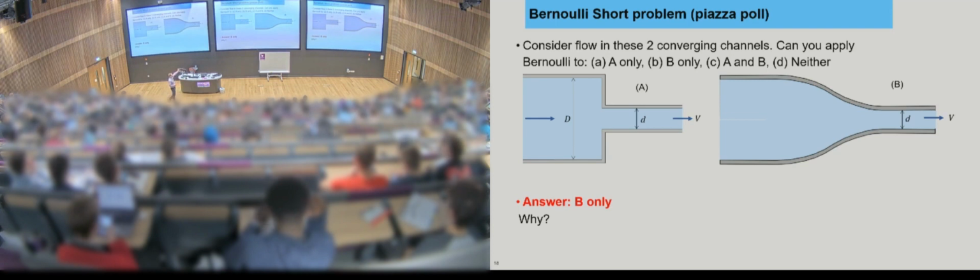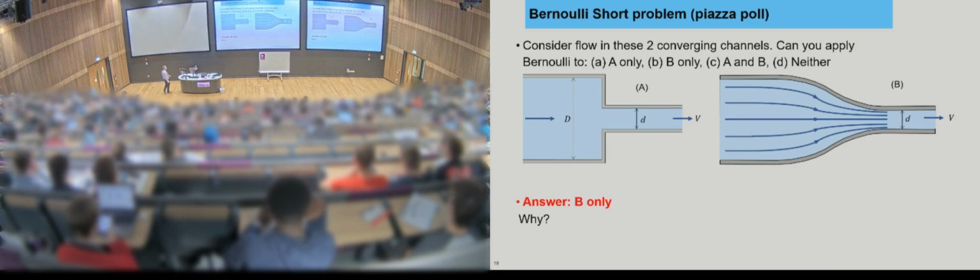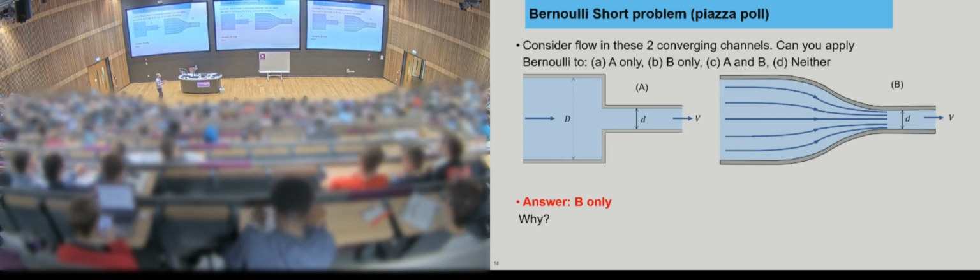Why is that the case? Well, if we look at the streamlines for the case on the right-hand side, you can see they're going to be nice and gradually varied. We can ignore any geometrical sort of constriction effects and the friction that then happens because of that.